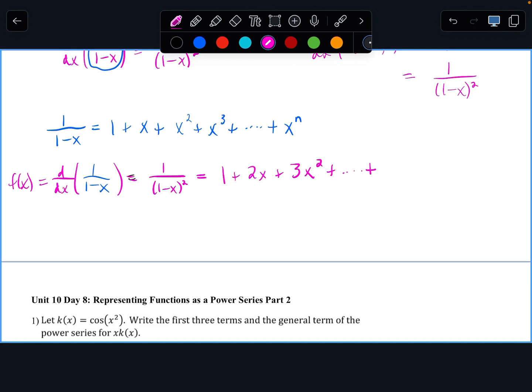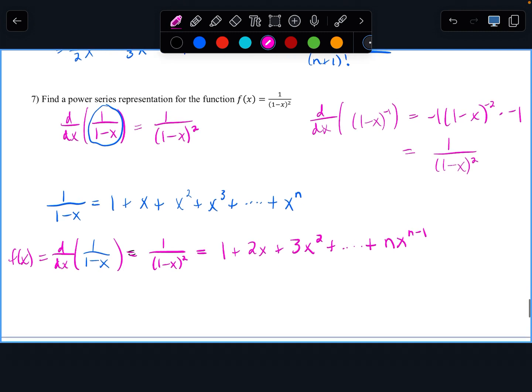For the last term, you do normal derivative style, bring the power down. So you're going to bring n down, and then subtract the power, n minus 1. So honestly, the recognition is the part that makes you want to cry. Because once you know what you want to do, taking the derivative is not hard. It's just getting to that point.